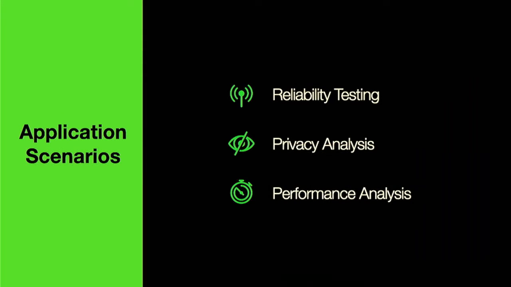The FOSTA application scenario has three major use cases: reliability testing, privacy analysis, and performance analysis. The first two use cases have already been widely deployed at WhatsApp and integrated as part of our CI pipeline. It analyzes every diff of our code base before merging into trunk.